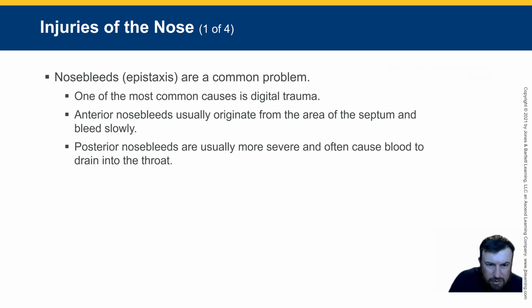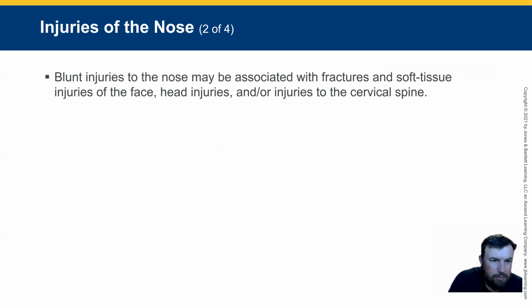Posterior nosebleeds are usually more severe and often cause blood to drain into the throat. Epistaxis, learn that word. Blunt injuries to the nose may be associated with fractures and soft tissue injury of the face, head injuries, and or injuries to the cervical spine.